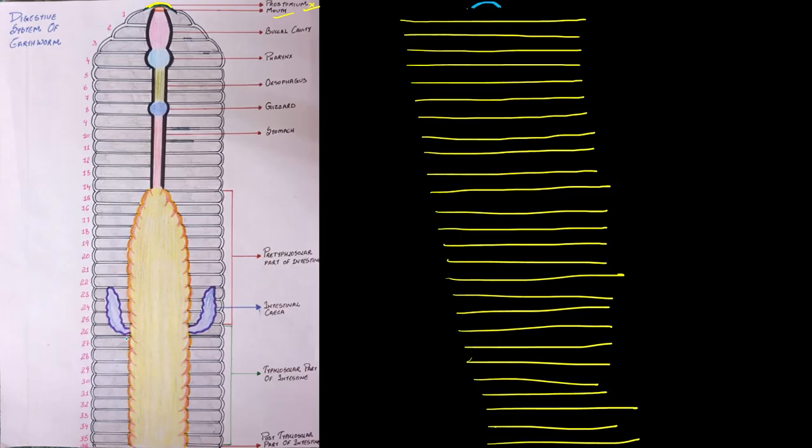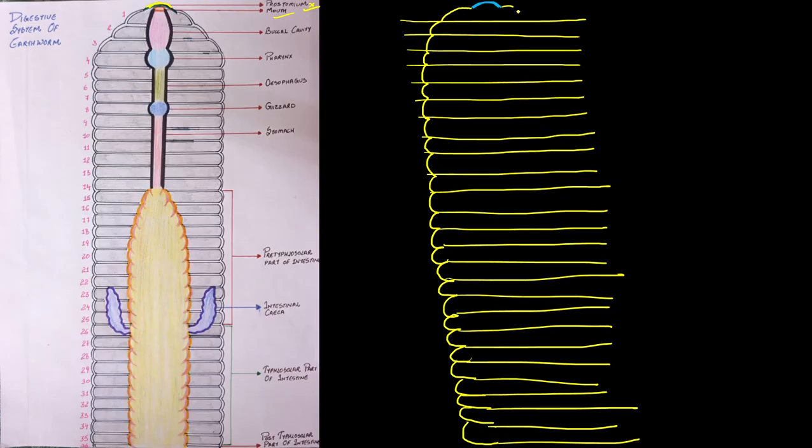After prostomium, let me just complete the segments however I've drawn. So 1, 2, 3, 4, 5, 6, 7, 8, 9, 10, 11, 12, 13, 14, 15, 16, 17, 18, 19, 20, 21, 22, 23, 24, 25, 26. Fine.